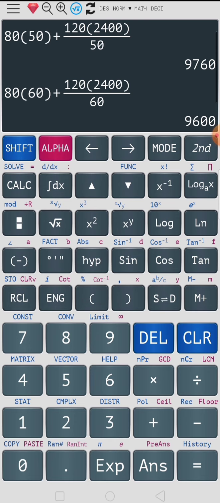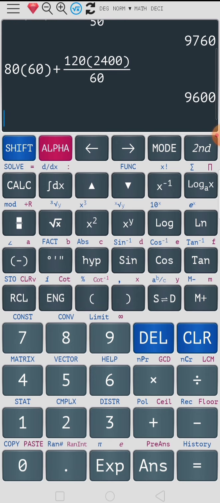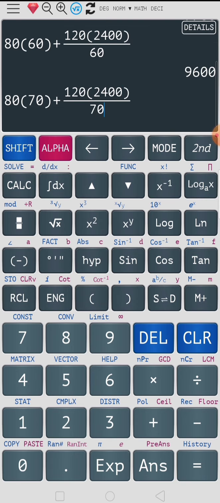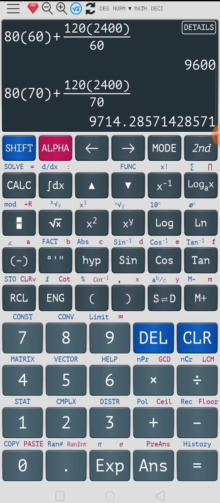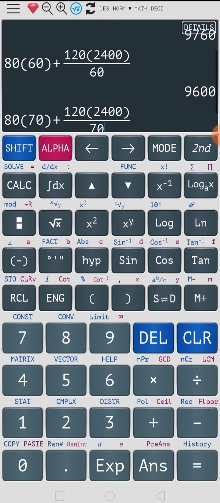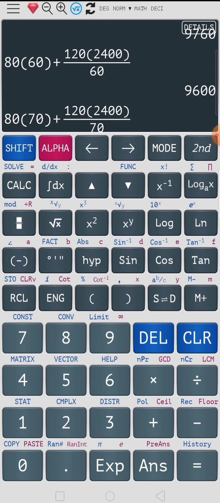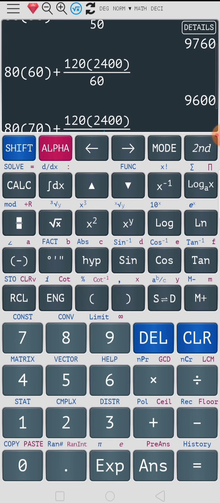So now, what if we try greater than 60? Let's say 70 meters, x equals 70. What would then be the cost that we'll have? As you can see, that's 9,714, which is bigger than 9,600. So based on these three results, with x equals 60, we will have the minimum cost, which is 9,600.